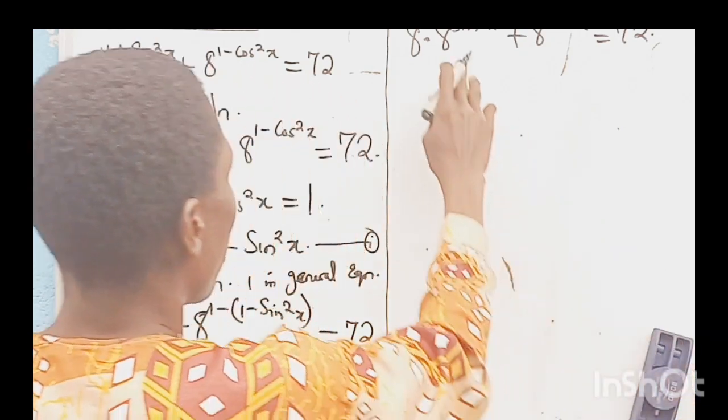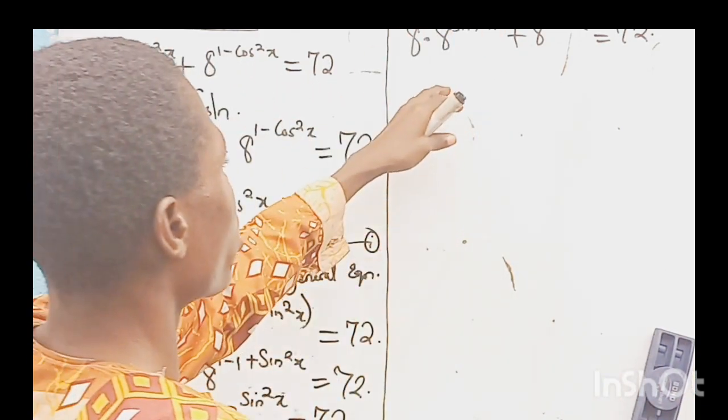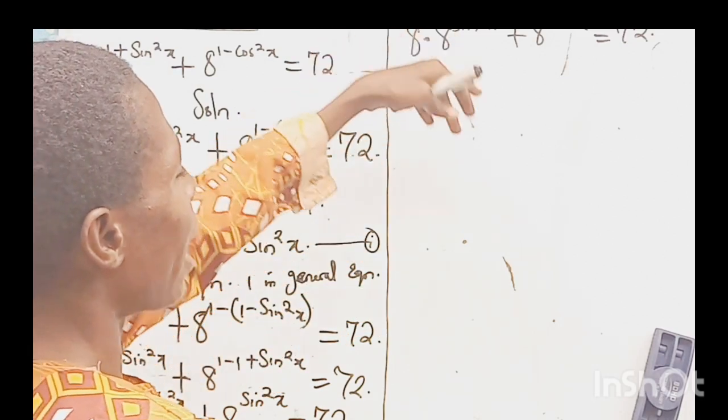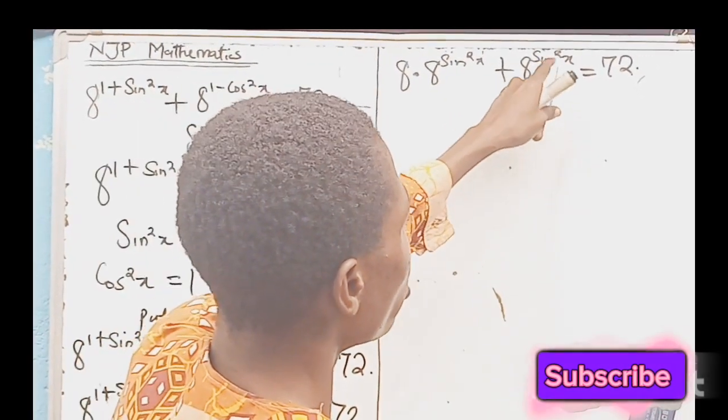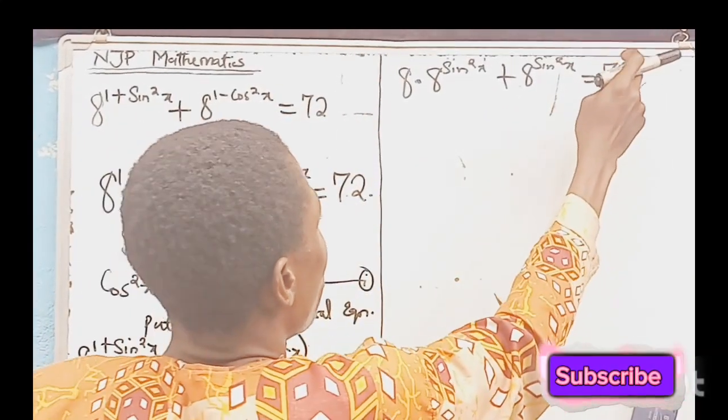So from here we see that 8 raised to the power of sine square x is common, and when we add 8 times of 8 raised to the power of sine square x plus 8 raised to the power of sine square x, we must have 72.